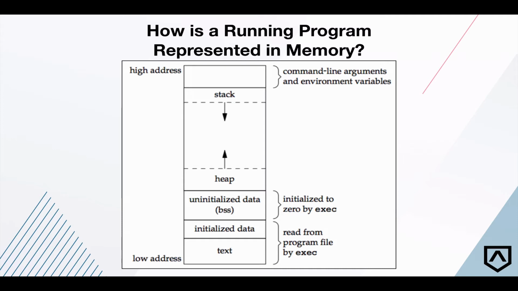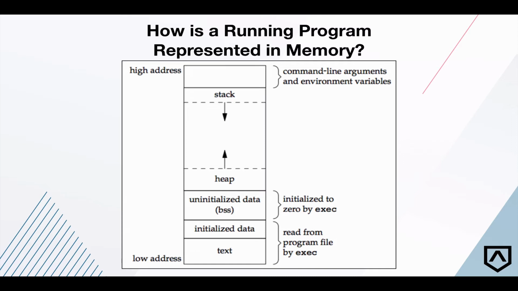In contrast to data that goes in the stack, which might be variable values local to a scope or a static array in C, those are all local to a certain scope, right? And so all that data goes in the stack region, whereas when we allocate some memory using malloc, that memory persists past scopes.